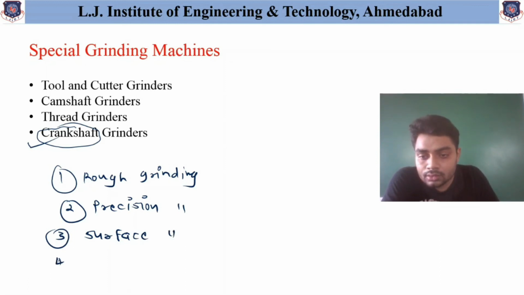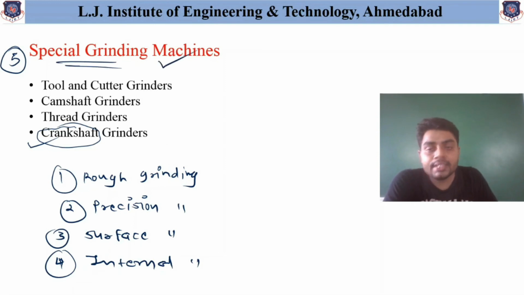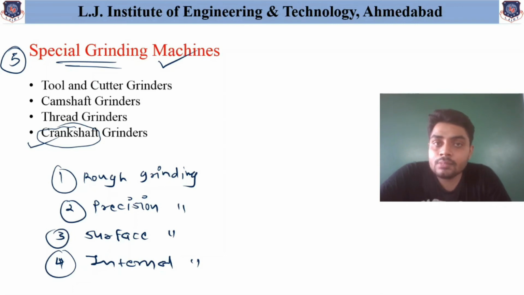And the fourth one is the internal grinding machine. And fifth is nothing but the special types of grinding machines. And we have also discussed the subtypes available in these major types of grinding machine.